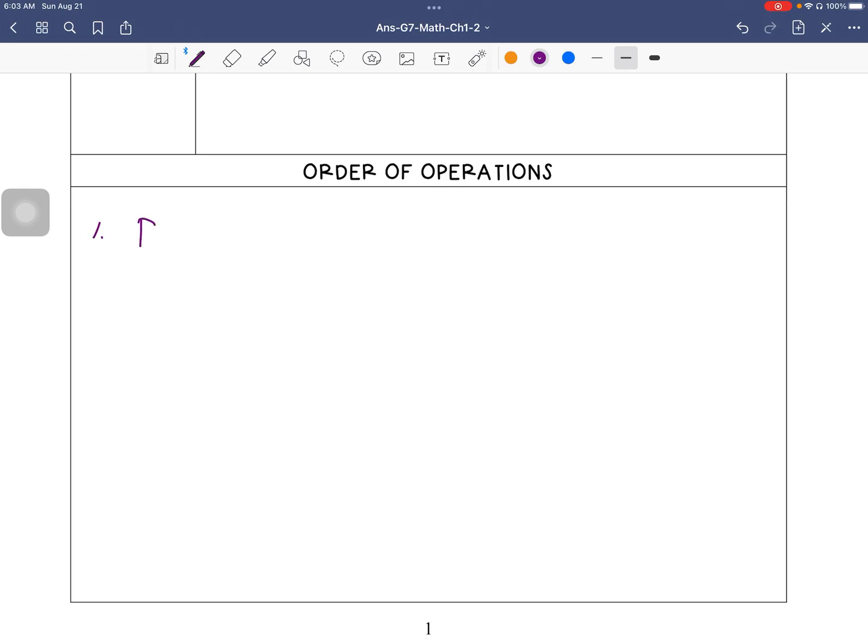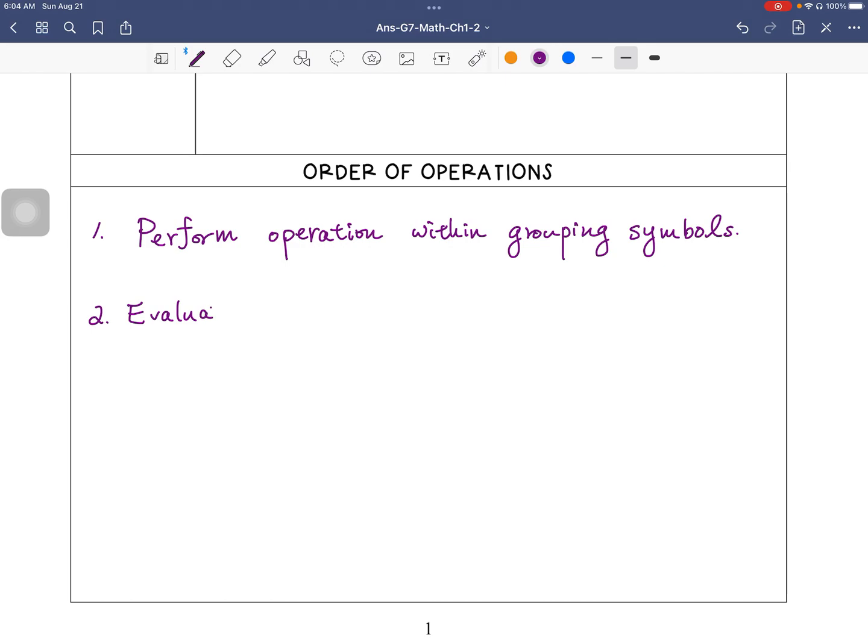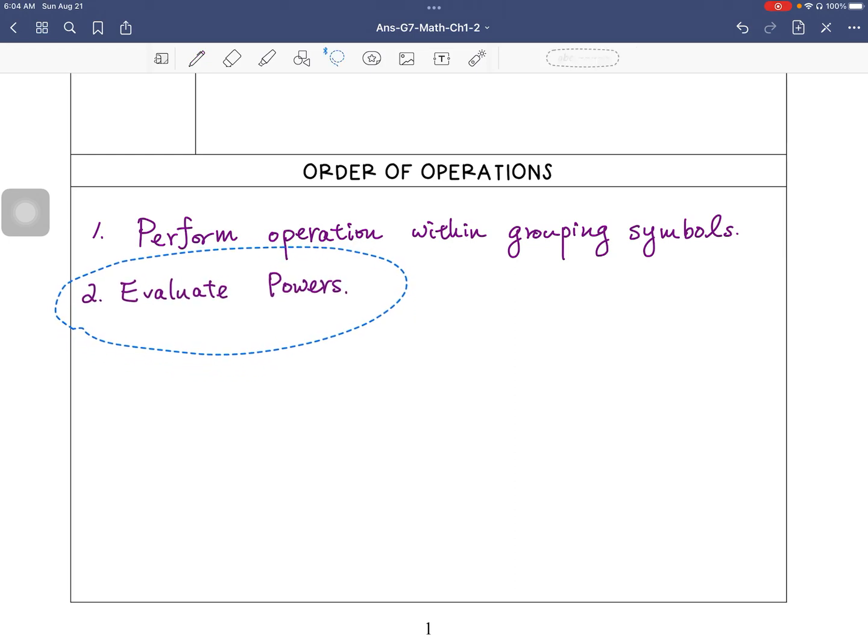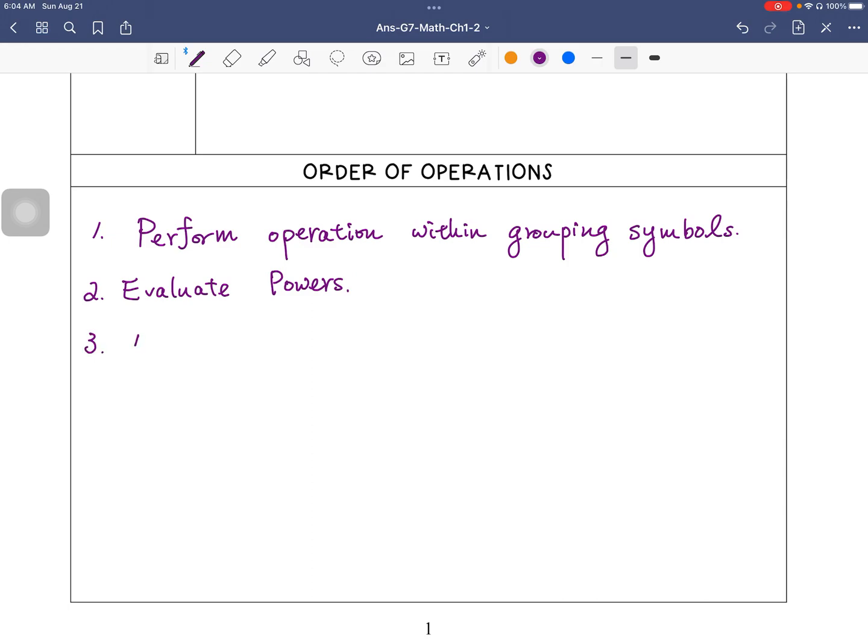Number one, we want to perform operations within grouping symbols, and then number two, we want to evaluate powers. First we perform operations within grouping symbols, then we evaluate powers, then we multiply and divide in order from left to right.